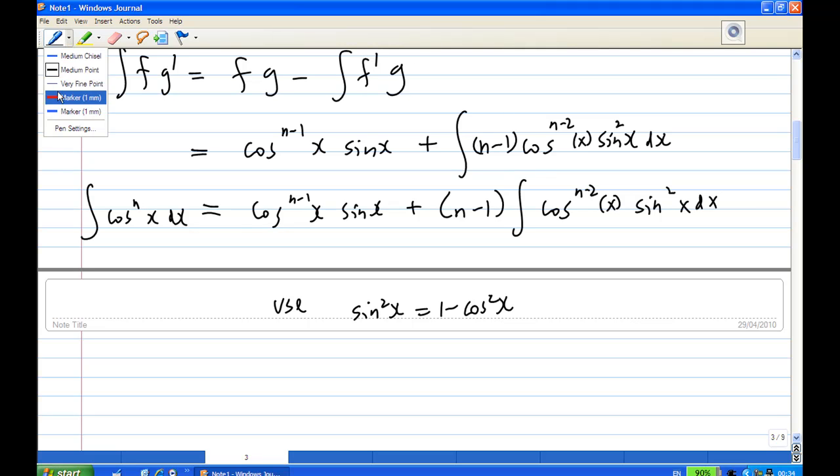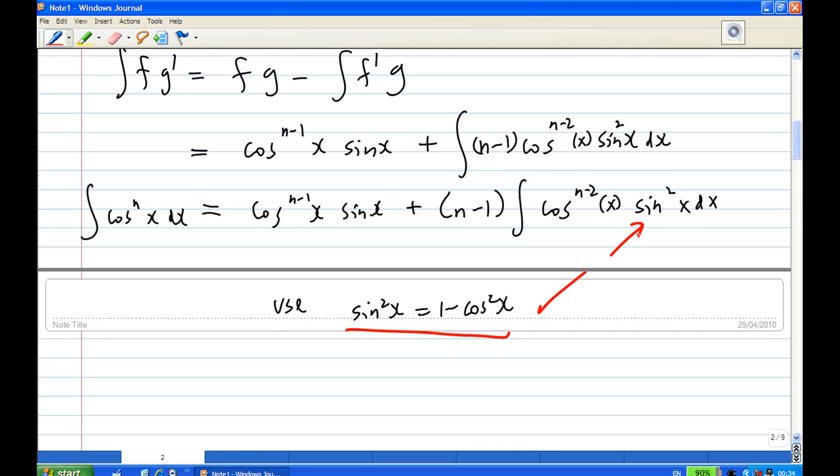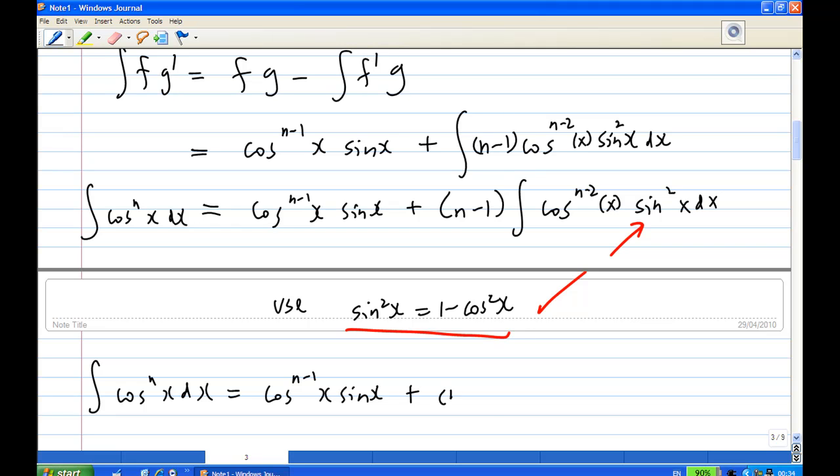In this case, the integral of cosine power n x dx is equal to cosine power n minus 1 x sine x plus n minus 1 times the integral of cosine power n minus 2 x times 1 minus cosine square x dx.